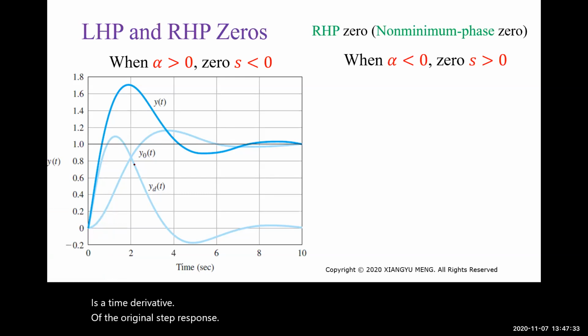Then we see its value is positive until the peak time of the original response. Then it has a large hump in the early part of the curve.